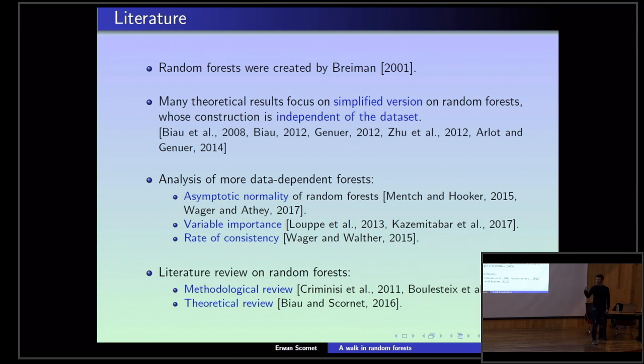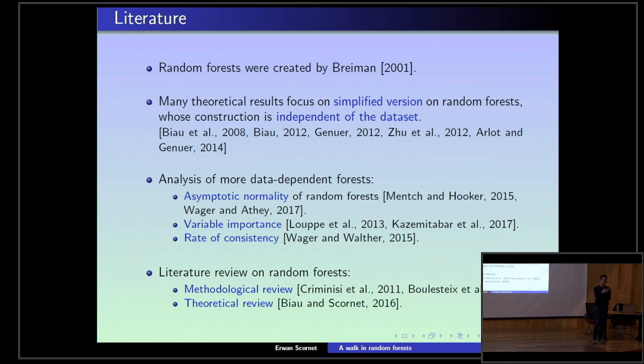In all these results, you have some kind of assumption related to the way trees are built, which means roughly that trees should not be adversarial, or at least the dataset should not be adversarial. You may have really particular behavior of the trees, and you want to avoid this.